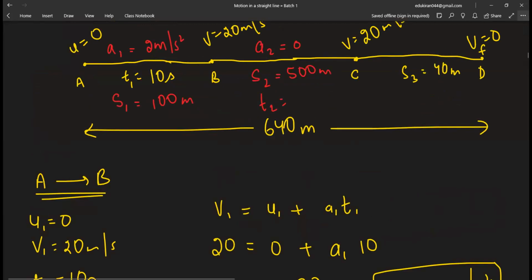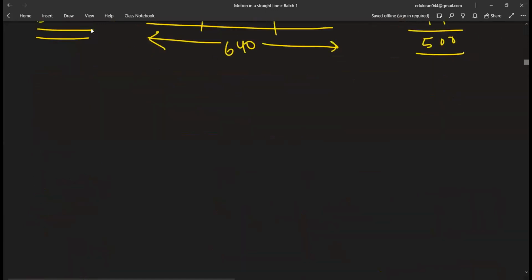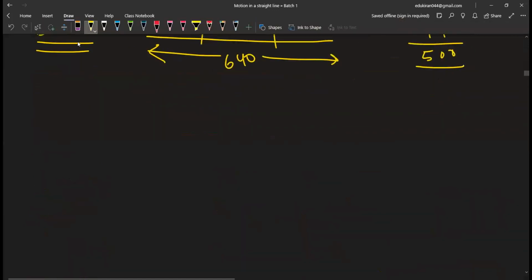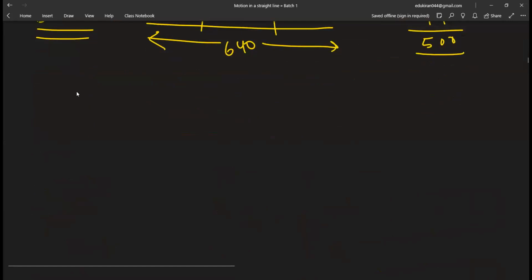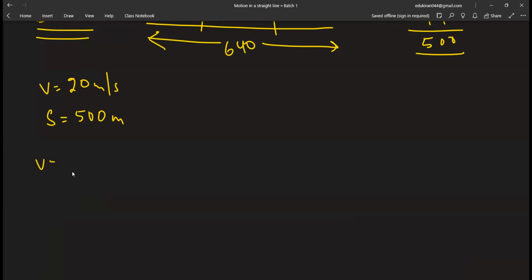Now just the time is missing in this question, so time also we can calculate. You know the velocity is 20 meter per second, correct? Distance is 500 meters. Speed is equal to distance upon time, so time would be equal to distance upon speed.